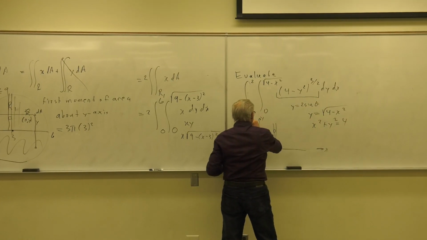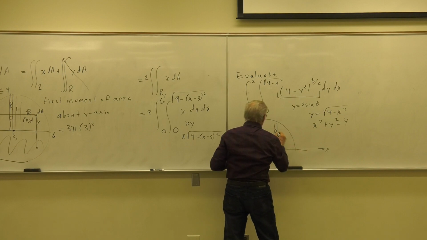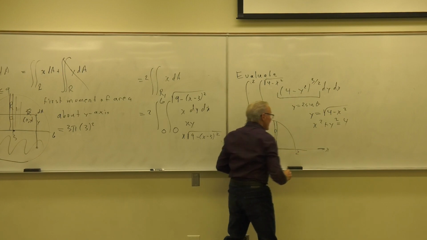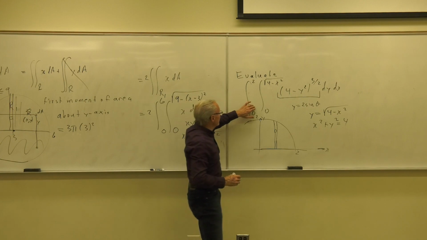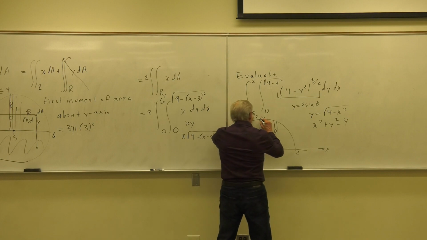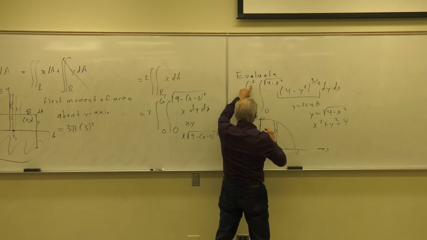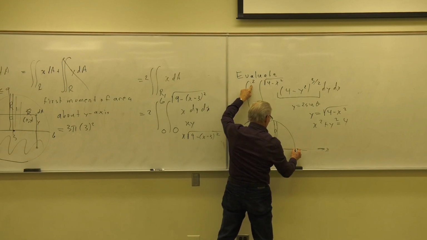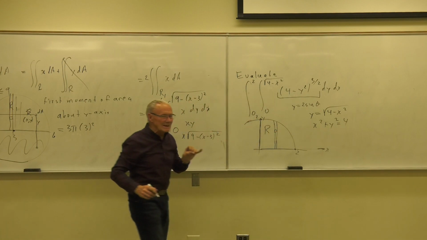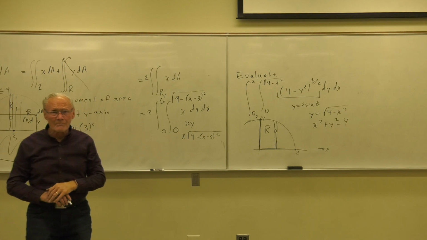They all stop on a circle of radius 2. These limits are going to tell me where the first and last are. The first one is x equal to 0 here, and the last one is x equal to 2, right there. So there's the region. The region is that quarter circle.